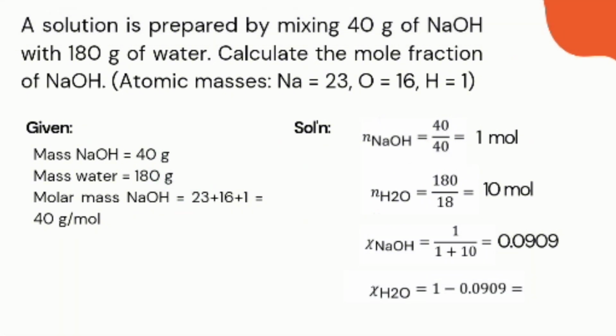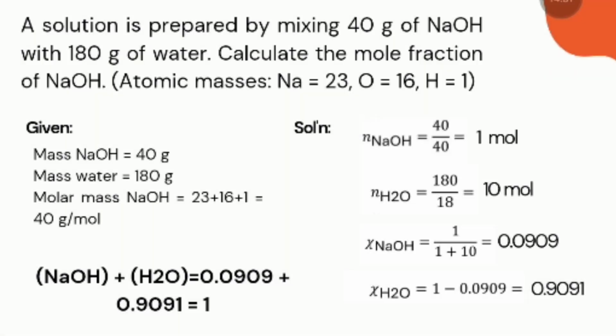To shortcut, the answer for H2O is 1 minus the answer for sodium hydroxide, which is 0.0909, equal to 0.9091. The sodium hydroxide is added to the water, which is 0.0909 plus 0.9091 is equal to 1.